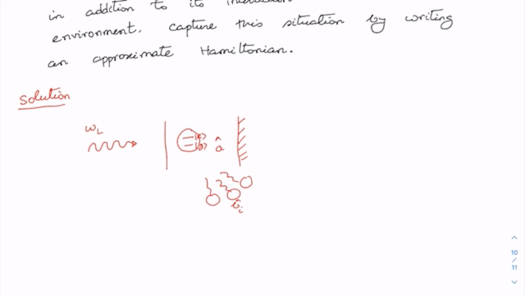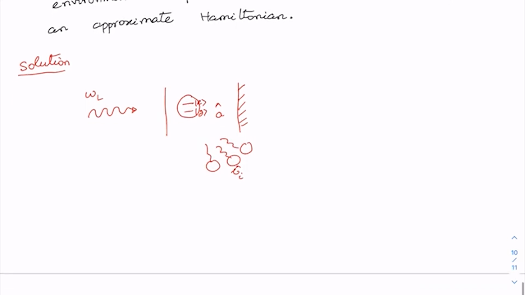Now let me write down the Hamiltonian term by term. First of all, let me consider this optical mode. This optical mode is a harmonic oscillator, and it has a frequency omega optical. So the energy of this mode would be h cross omega optical a dagger a.